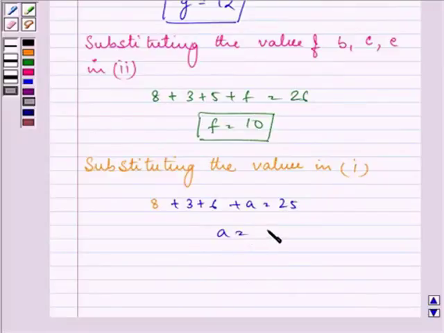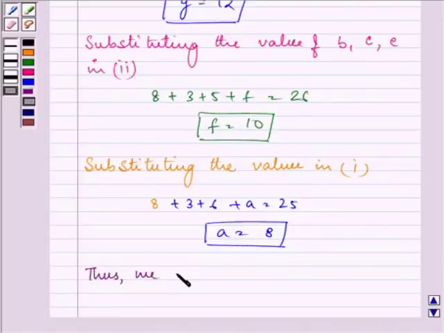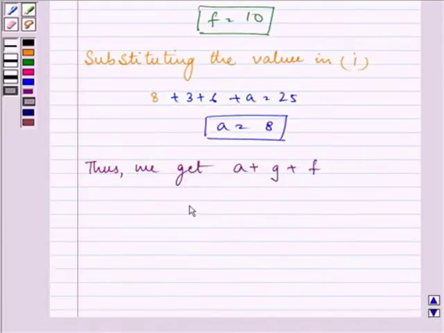That gives us the value of A as 8. Thus we get A plus G plus F as 8 plus 12 plus 10, that is 30.